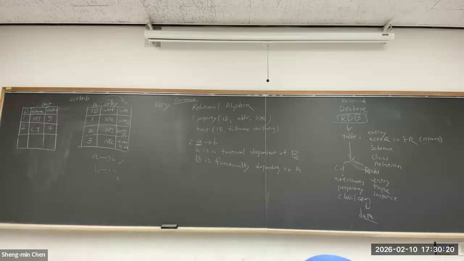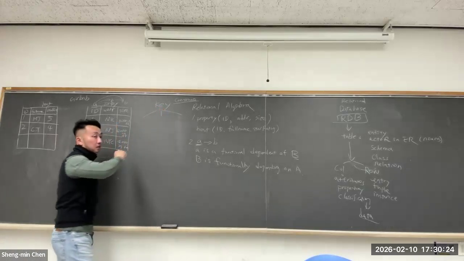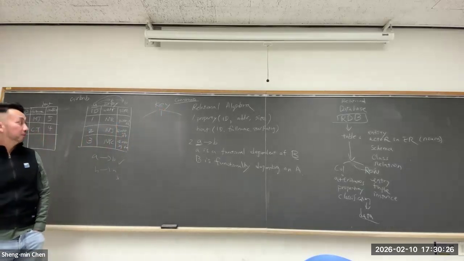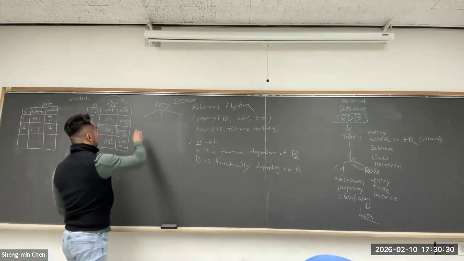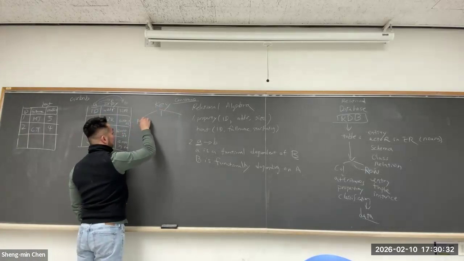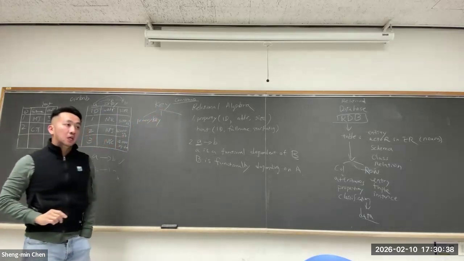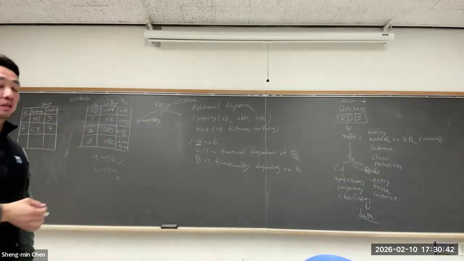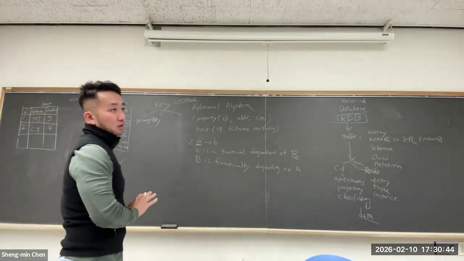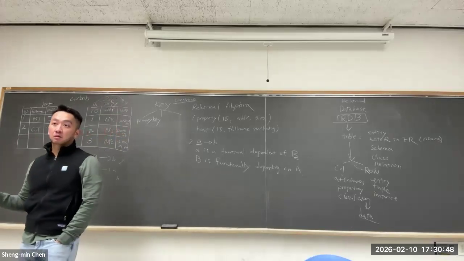Now, the first key, which some of you already know, that I'm going to introduce today is called the primary key. Primary key is one of the most popular and common pieces of knowledge in relational databases.